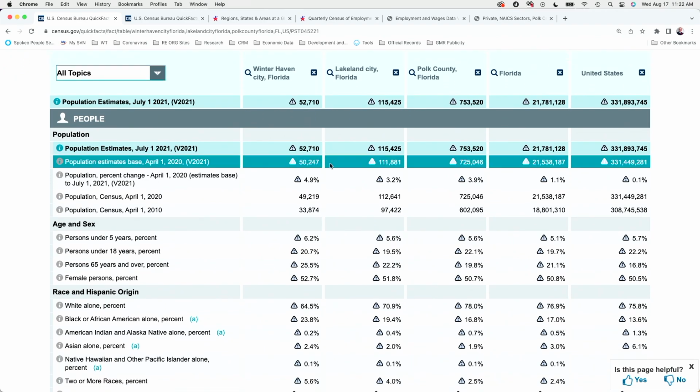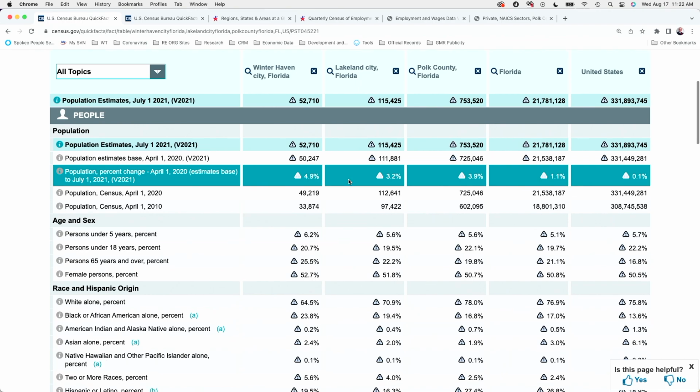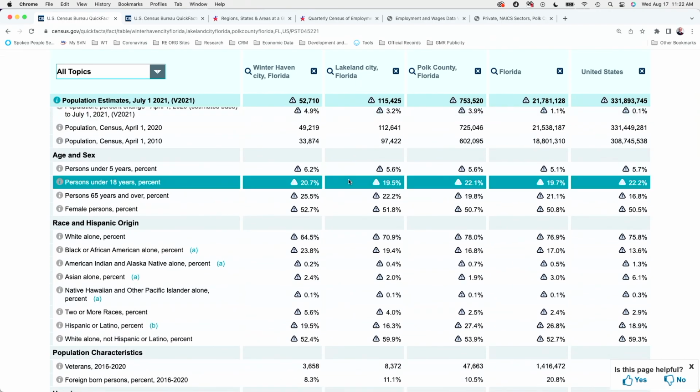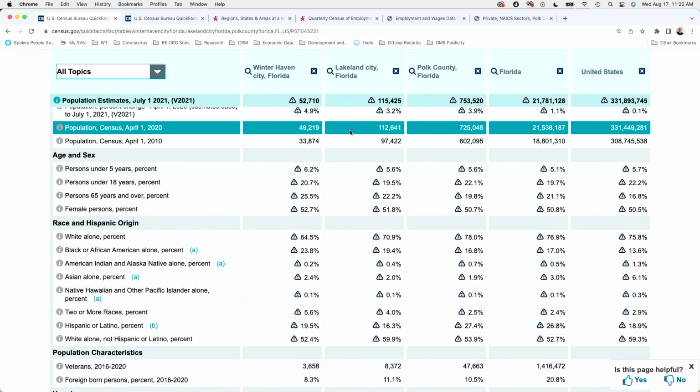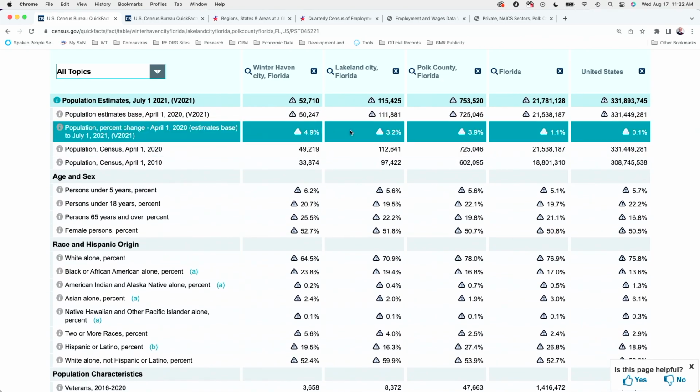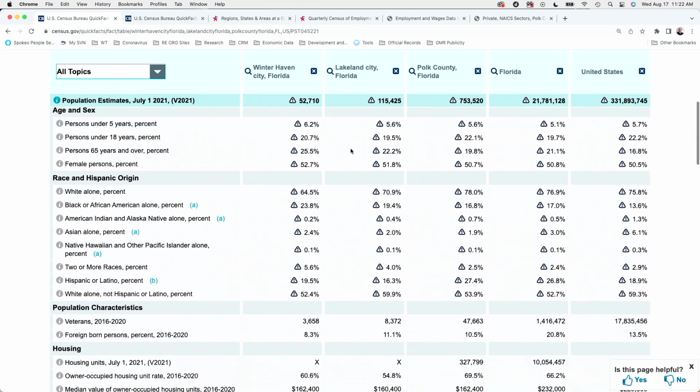The data that's shared with us in the Quick Facts report is absolutely remarkable. It breaks down what the census was in 2010, what it was in 2020, and then, of course, the growth between 2020 and 2021.